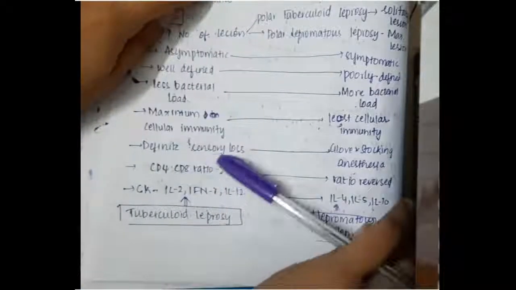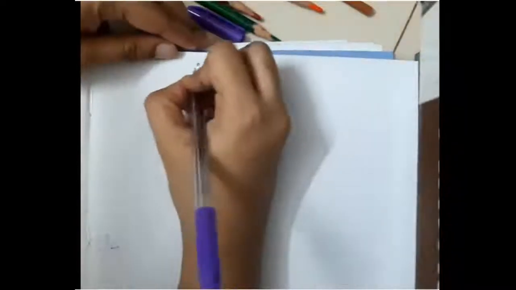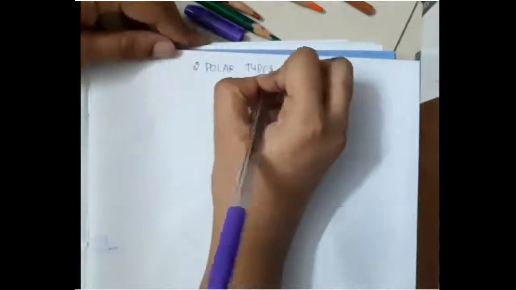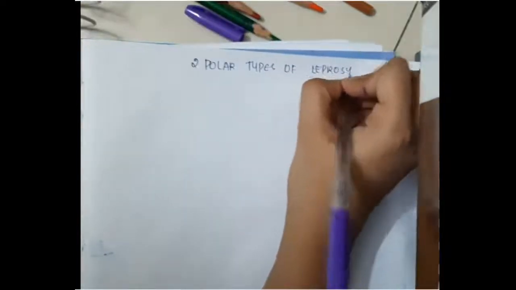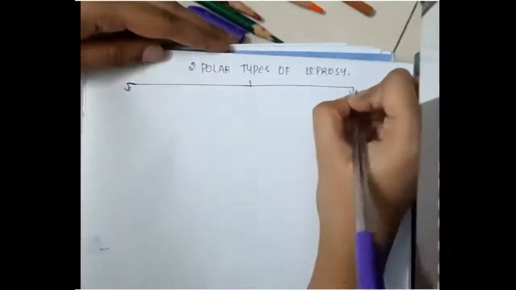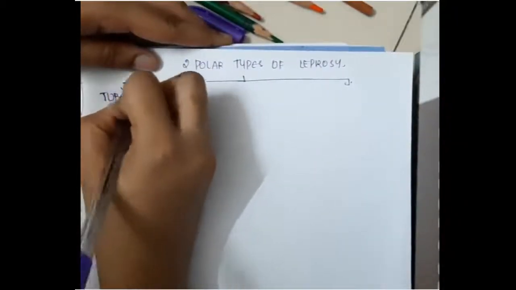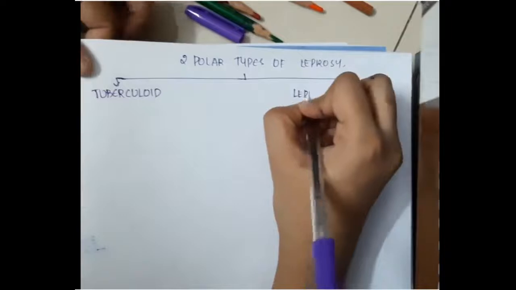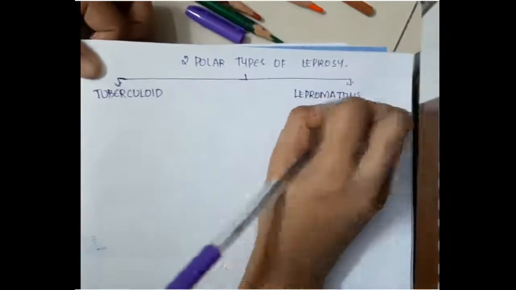So as we have already seen, there are two polar types of leprosy. One, we have tuberculoid leprosy. Second, we have lepromatous leprosy.